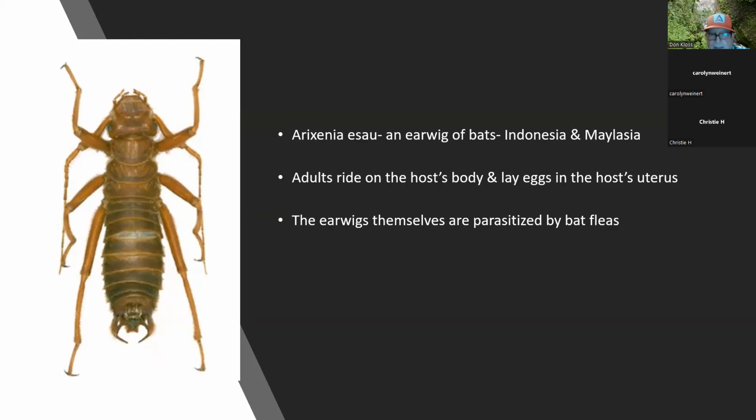And to top it off, these earwigs themselves are parasitized by bat fleas. So again, you've got a parasite that acts in a totally different manner from others, and it's parasitized by parasites.